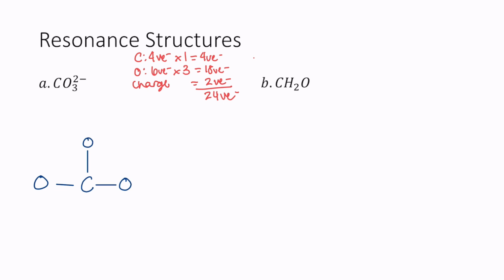When I did that, I got a total of six bonding electrons. So I can subtract six bonding electrons, and I will have 18 valence electrons left over.